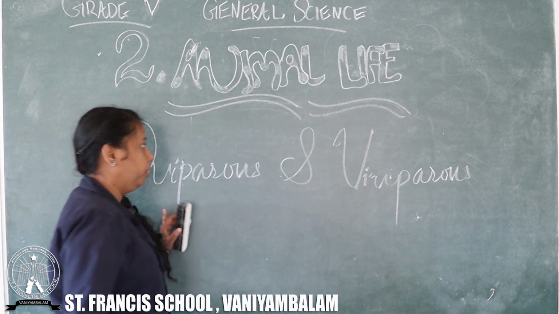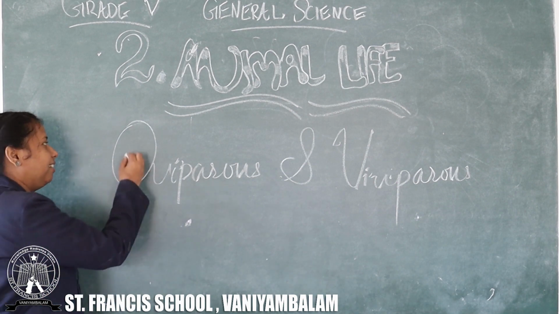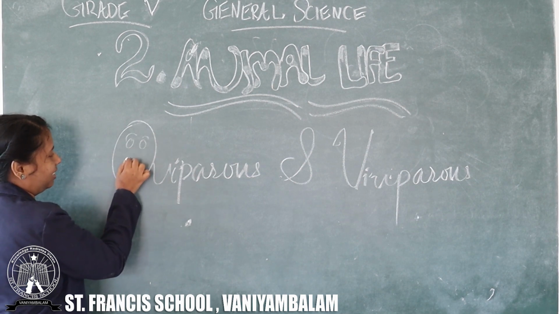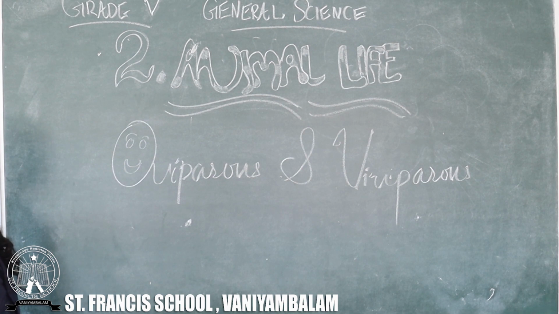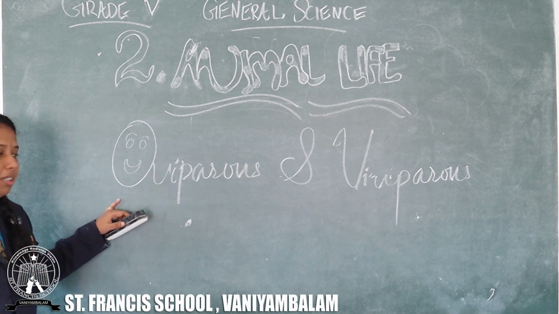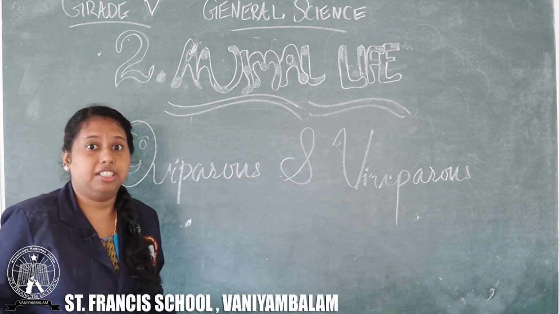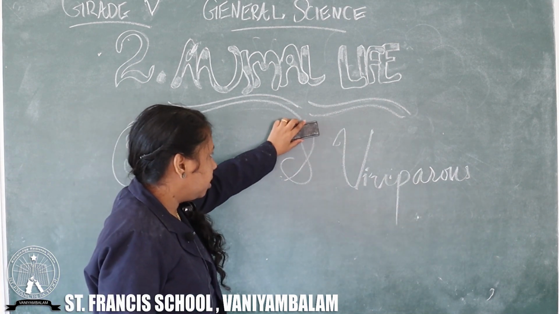What is oviparous? Egg laying animals are known as oviparous animals, and the animals which give birth to their children are known as viviparous animals.